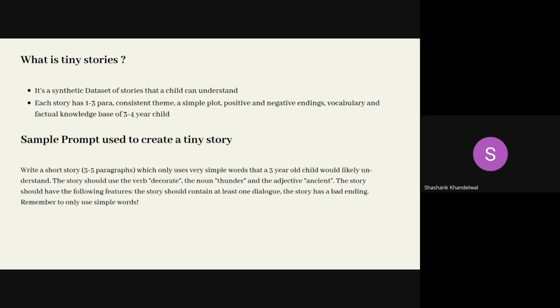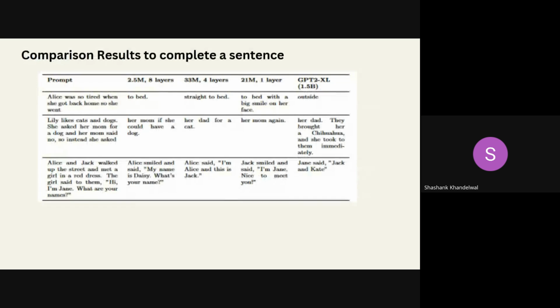After generating these models, here's an interesting thing I'm going to show you. They did a comparison where they asked the models to complete a sentence.